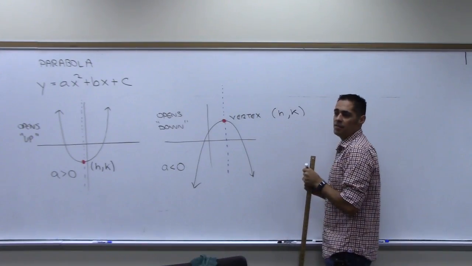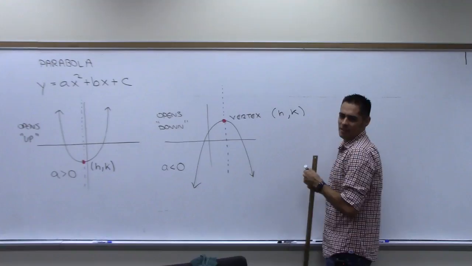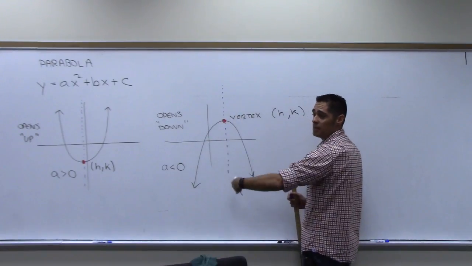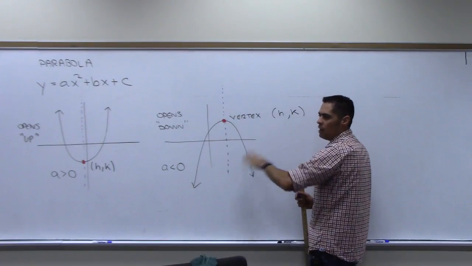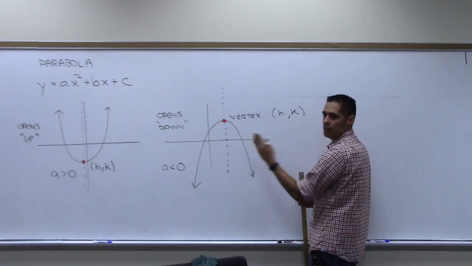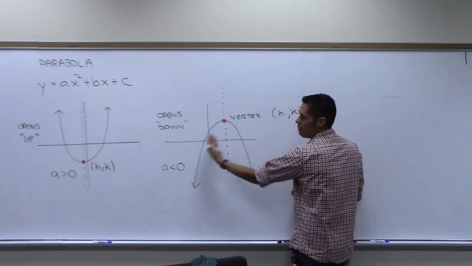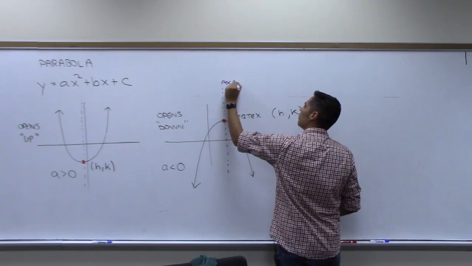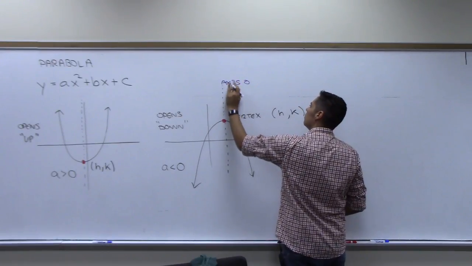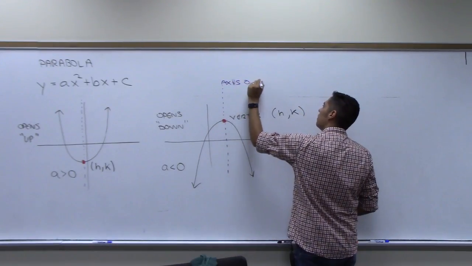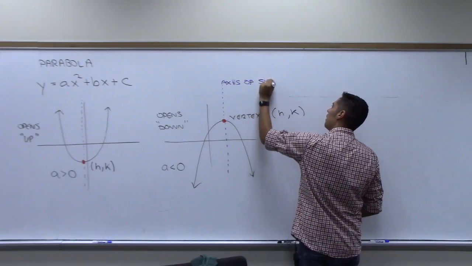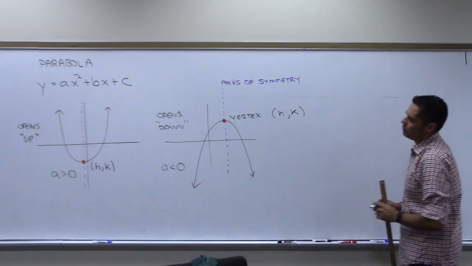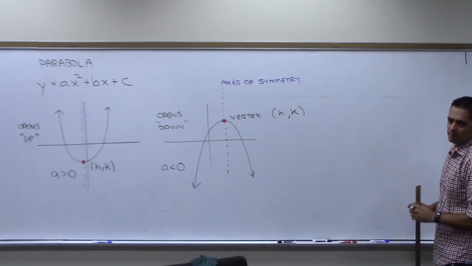It's called the axis of symmetry. It's an axis, like the x-axis or y-axis, where the function is symmetric over that line, a mirror image of itself.